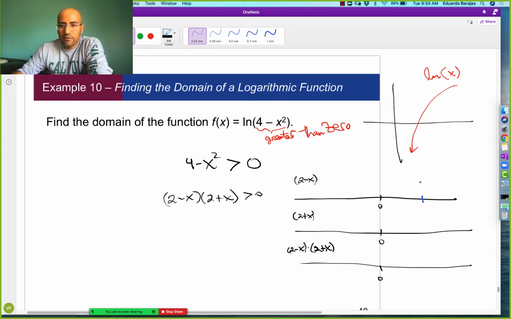So if we put a positive 2 here, this would be the 0 for this value. If you go bigger than that, if we put a 3, a 4, a 5, a 6, we end up getting negative values. And if we put values over here like 1, -1, -2, -3, we end up getting a positive answer. 2 minus 1 is 1, 2 minus 0 is 2, 2 minus -1 is positive 3. So they're all positive values in this direction.